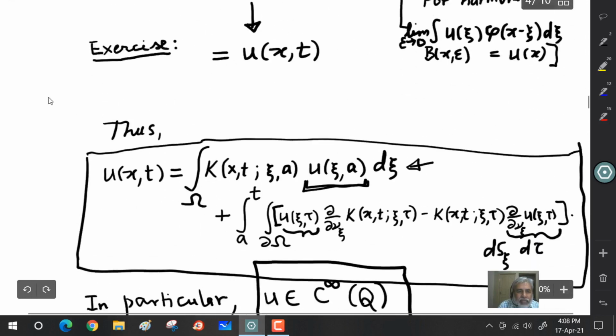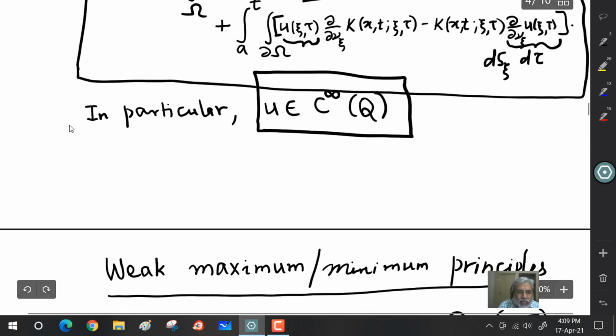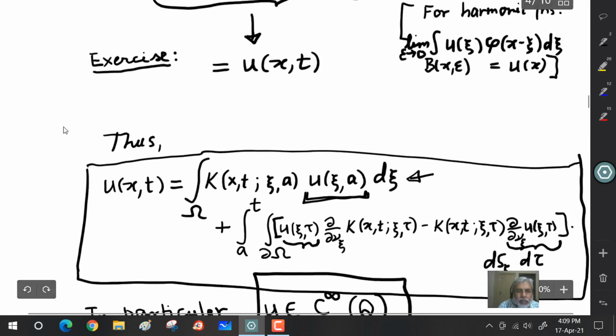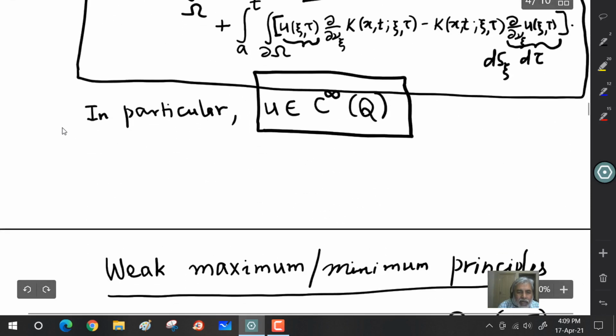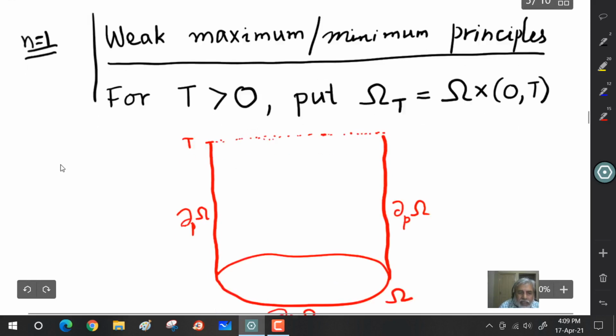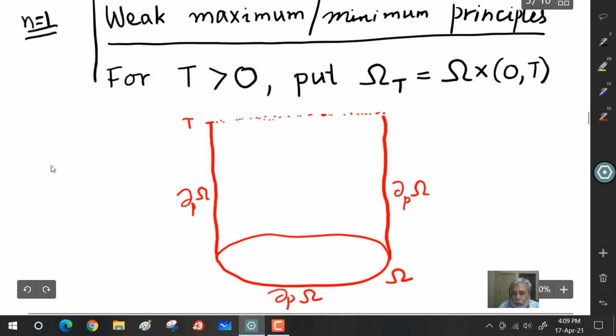And with this, we'll continue to study some more qualitative properties of the solutions of the heat equation. The first thing we discuss is the weak maximum and minimum principles. This was again done for n equal to 1 in the first part of this course, and more or less the same proof continues to hold.